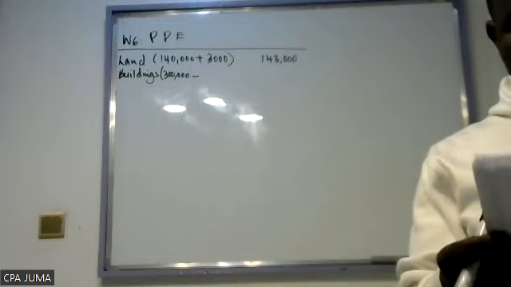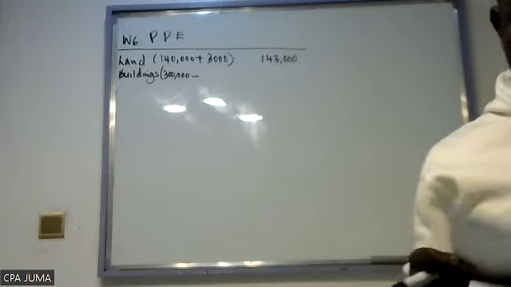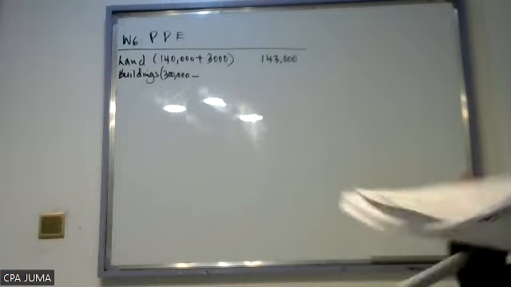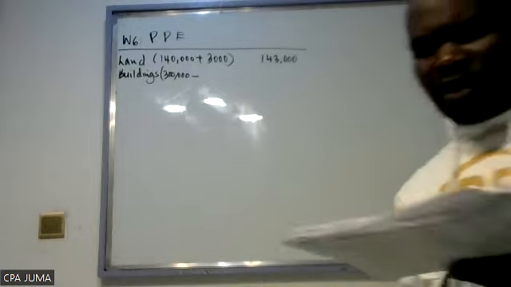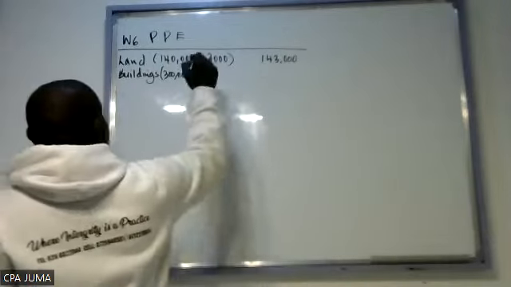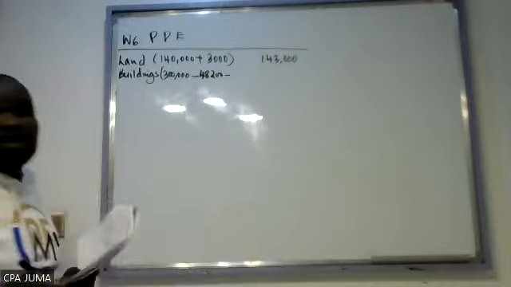Or if there was accumulated, we subtract. Yeah, there is accumulated depreciation on buildings. Check trial balance. Accumulated depreciation on buildings was 48,200. Minus, how much did we charge?